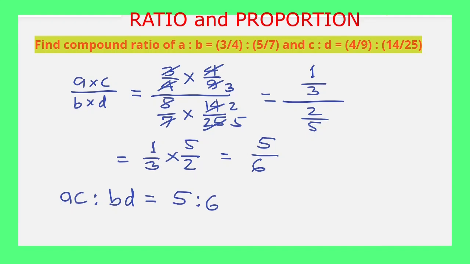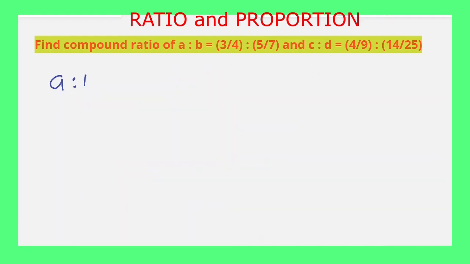We can solve this question by alternate method by converting the fractions into whole numbers in the given ratios. So we erase this portion and we solve it by the alternate method. A ratio B is equal to 3 upon 4 ratio 5 upon 7.